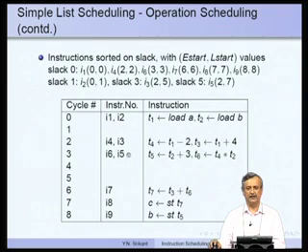There would not have been any pipeline stalls either, so the length of the schedule would have remained as 9 as in this particular case. That is an example to show how operation scheduling can be done for basic blocks using slack as the priority.